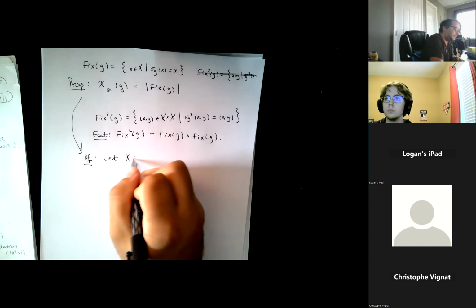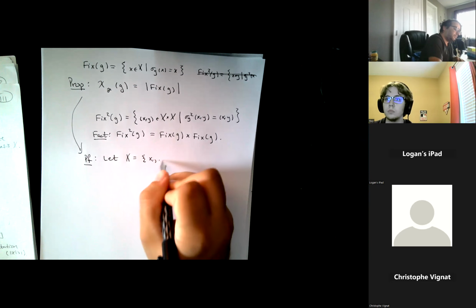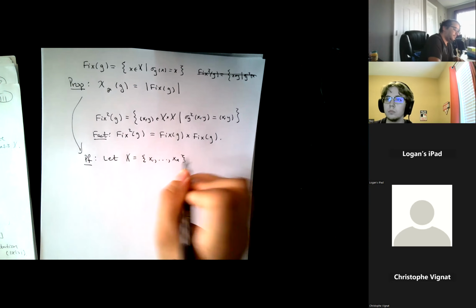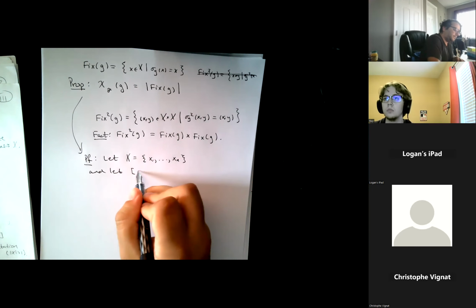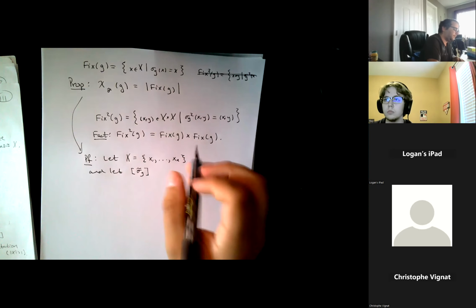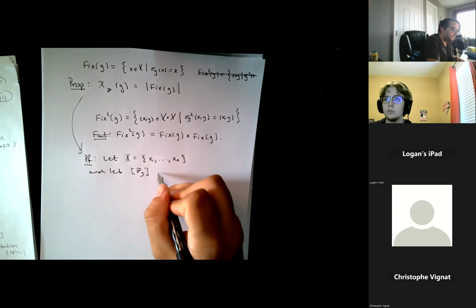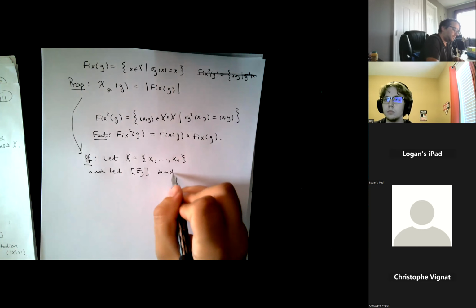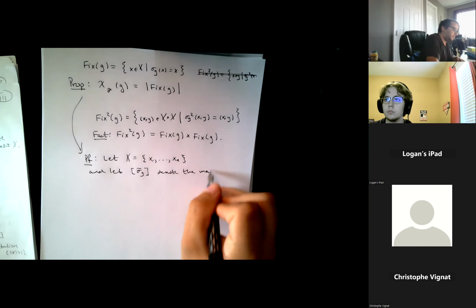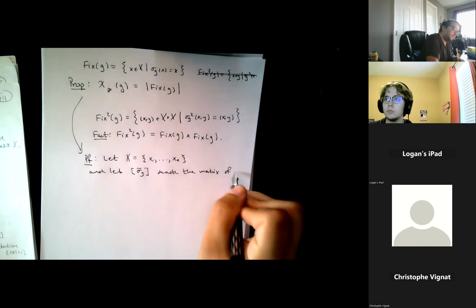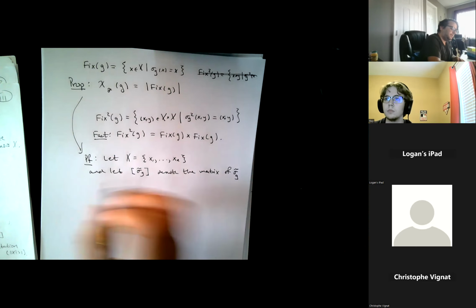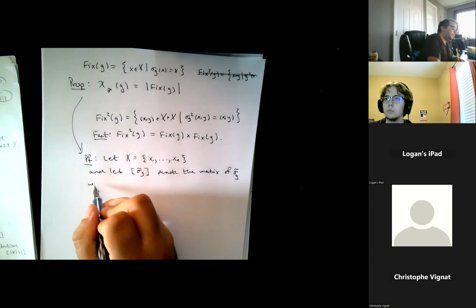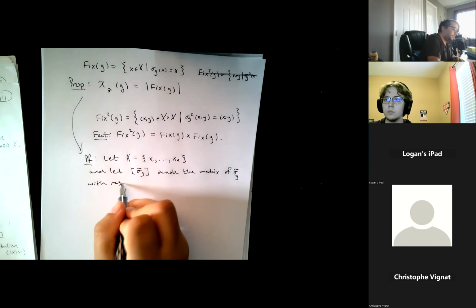Let X be x1 through xn, and let the square brace denote the matrix of sigma g tilde with respect to a basis.